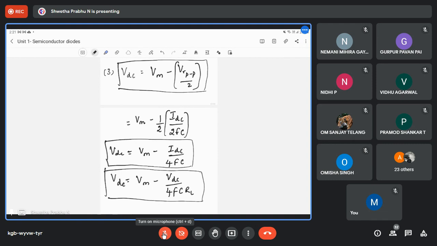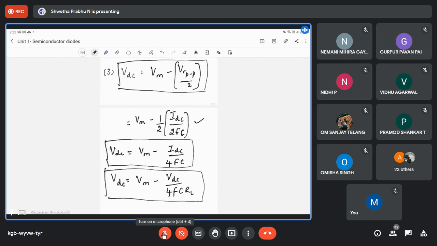When the capacitance filter value is very large, in this equation the 1 over 2 FC will become small. So as a result, VDC will be approximately equal to Vm, that is, equal to the peak value of the output.